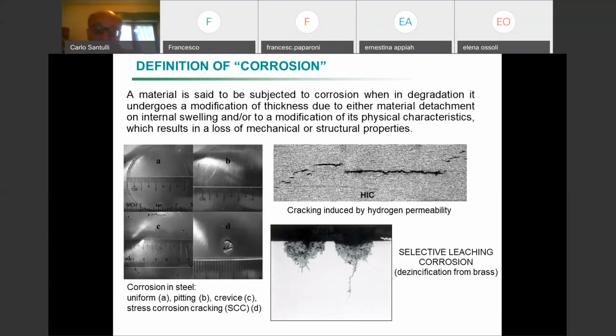Because zinc is very protective of what is below, if it is pure zinc, but if zinc is isolated into a bulk of copper, to make it simple, it tends to come out and to expose further material.